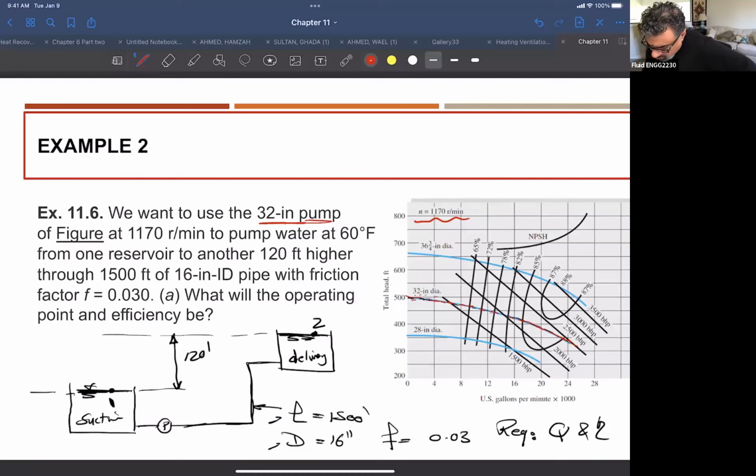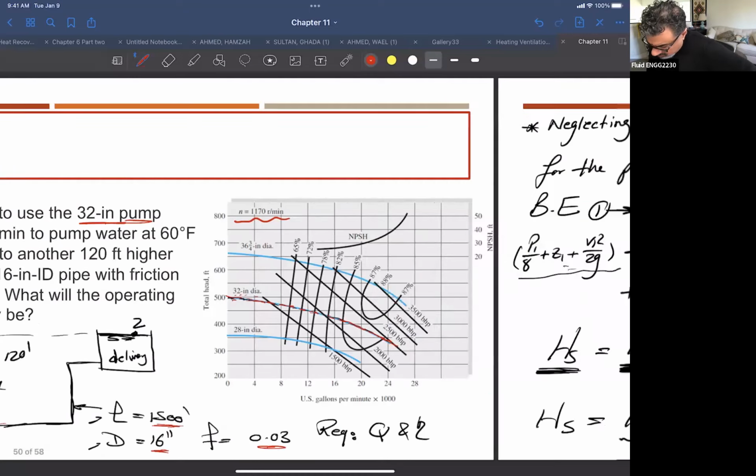And he's giving you information about the system: 1,500 feet, 16-inch diameter, the friction factor, right? So you have information about the system, which means that you can develop a relation for the system curve.